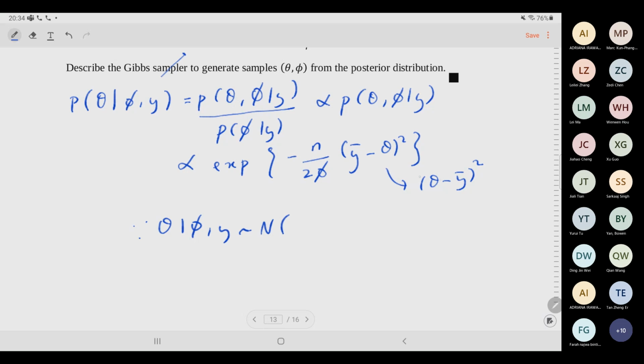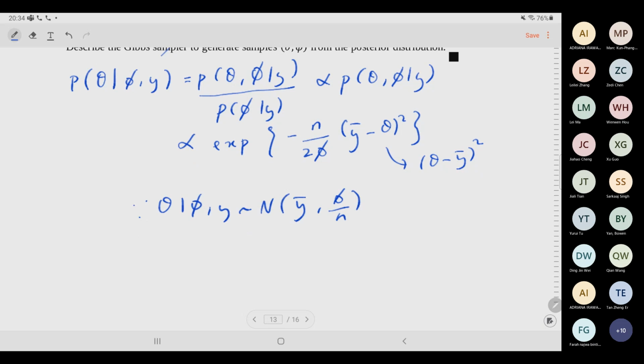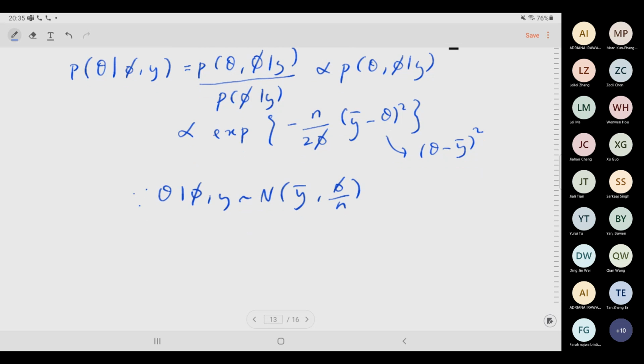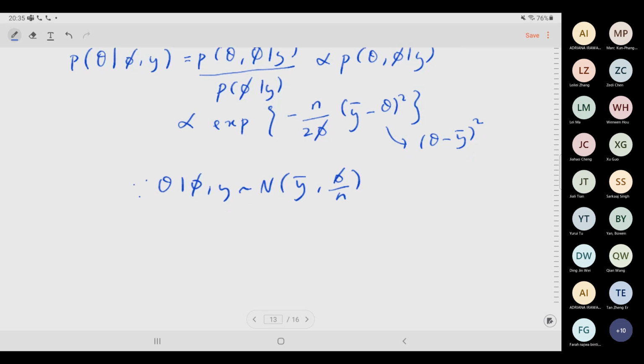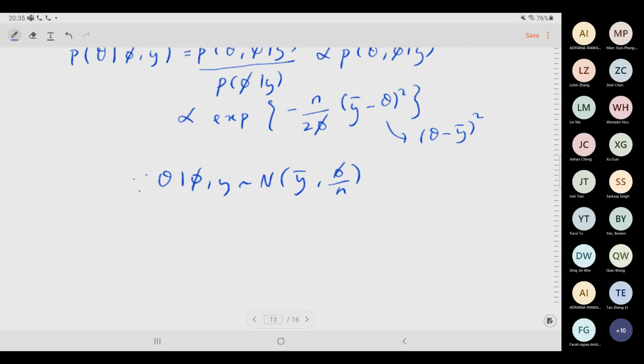Theta is your parameter now, y bar here is your mean, and your variance is phi over n. So you have to recognize that this is a kernel of a normal with what mean and what variance. So now the conditional posterior of theta is a normal.